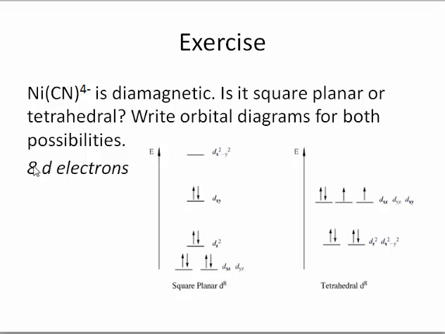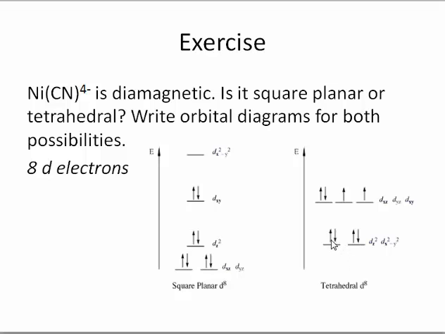There are 8 d electrons in nickel, so a square planar configuration would place 1, 2, 3, 4, 5, 6, 7, 8 into these orbitals, producing a diamagnetic arrangement.